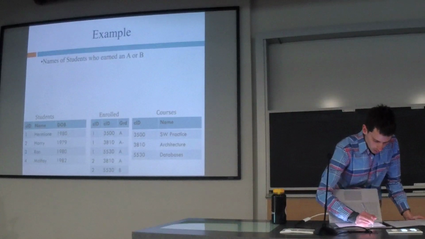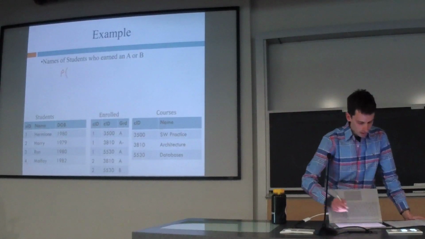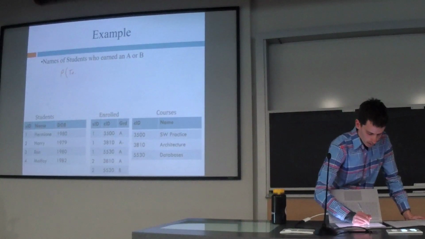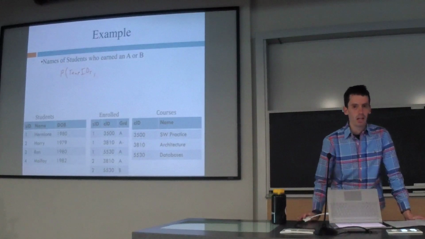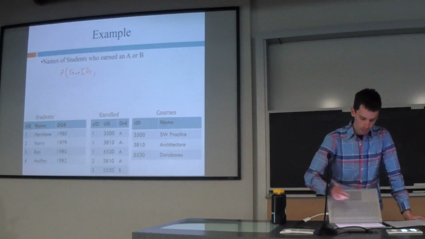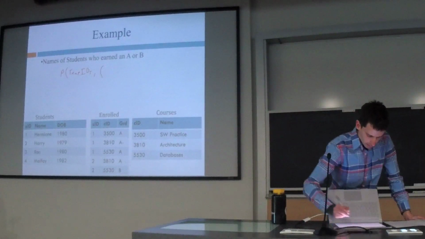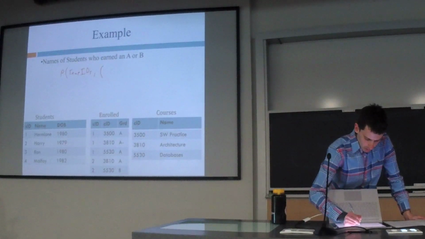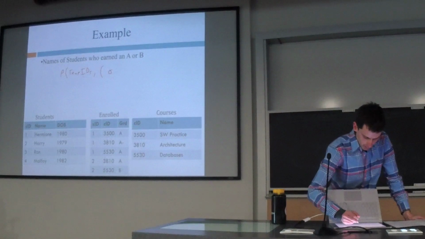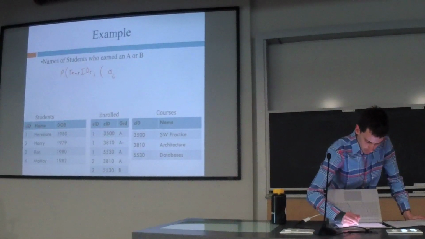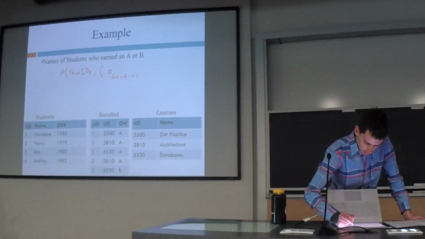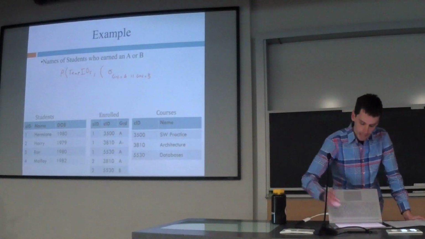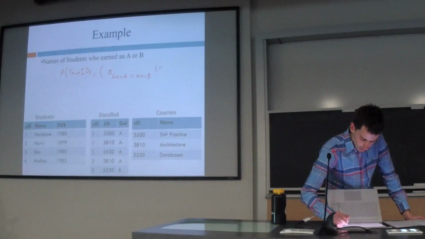So I'm going to do rename. I'll just call it temp IDs. And what I want the value of temp IDs to be is we select grade equals A or grade equals B out of enrolled.